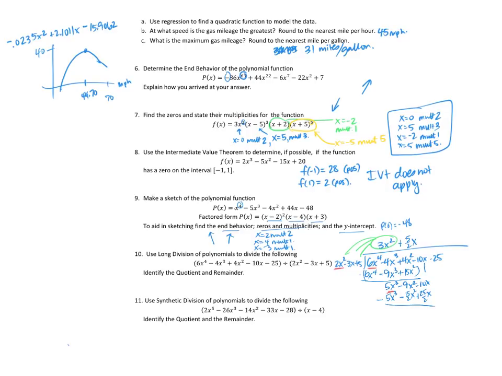Okay, and then I'm going to subtract all of that, and when I do that, I'm going to get, let's see, negative 9 plus 15 halves is negative 3 halves x squared, and then negative 10x minus 25 halves x is going to be negative 22.5x, and then minus 25.